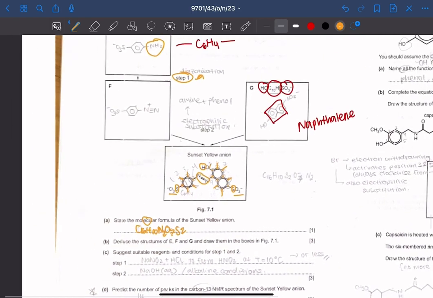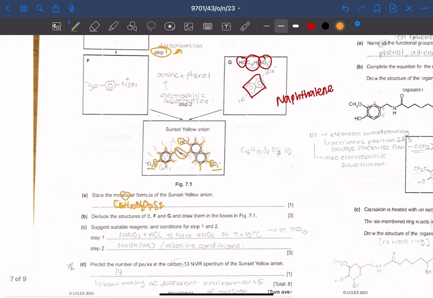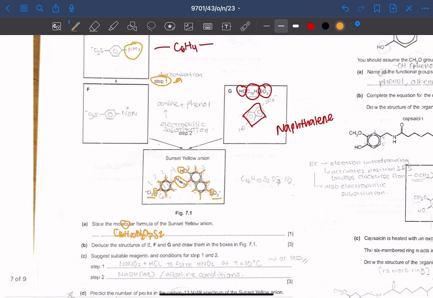B. Deduce the structures of E, F, G. I've drawn them. And then step 1. Suggest suitable reagents and conditions for step 1 and step 2. Because step 1 is a diazotization reaction, we would require NaNO2 plus HCl to initially form HNO2, which is the reagent used to react with E to form F. And it has to occur at a temperature of 10 degrees Celsius or less, or else an unwanted mixture of products is formed.